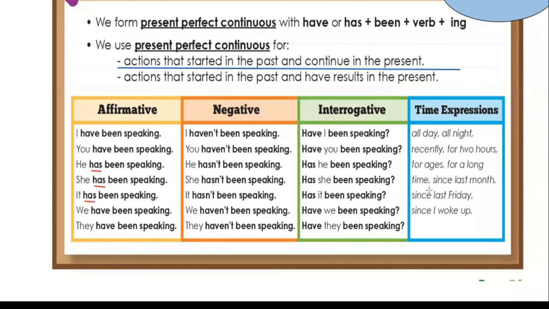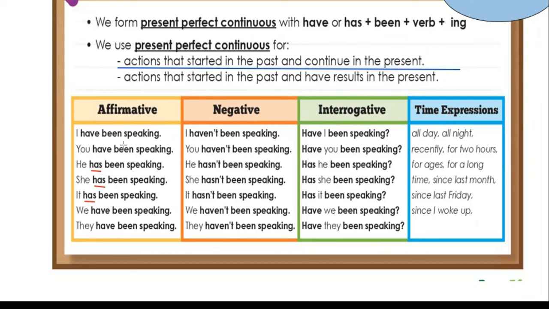I'm saying that because I've been talking for almost an hour in this class. So I can say I've been speaking for a long time. Or another example can be, I haven't been working since last Friday. Yes. So we can finish the sentences with these expressions.